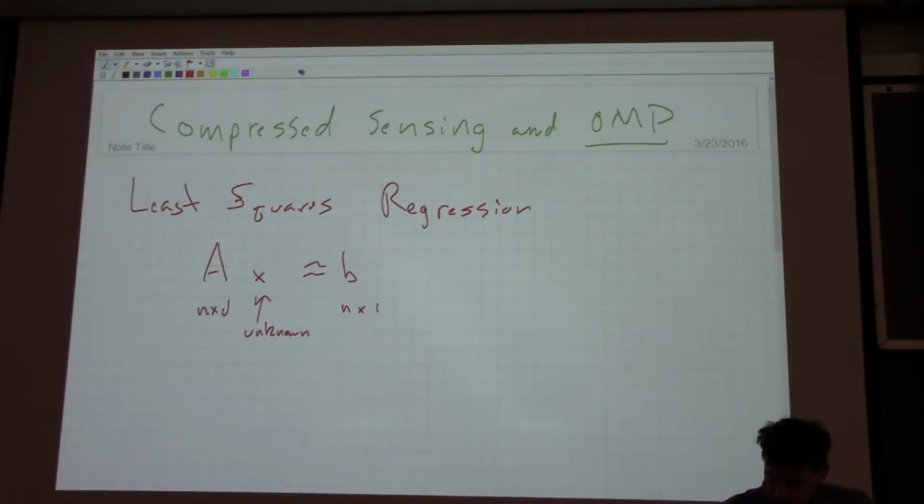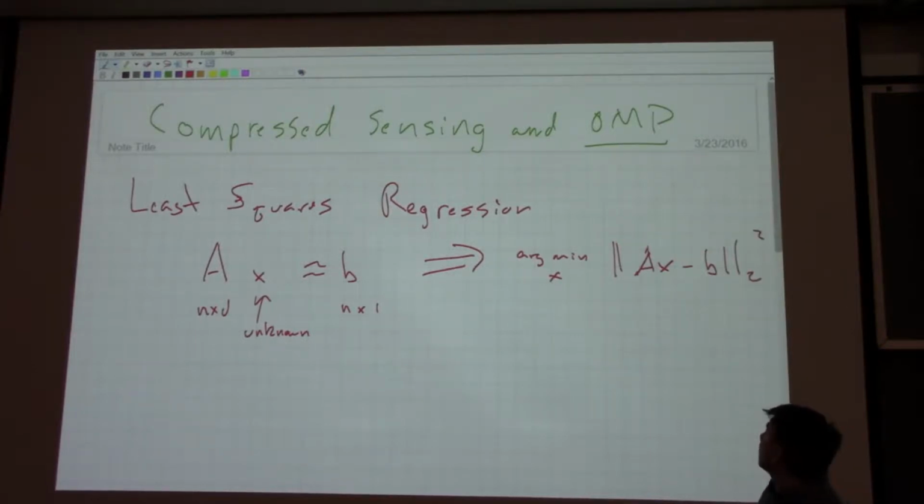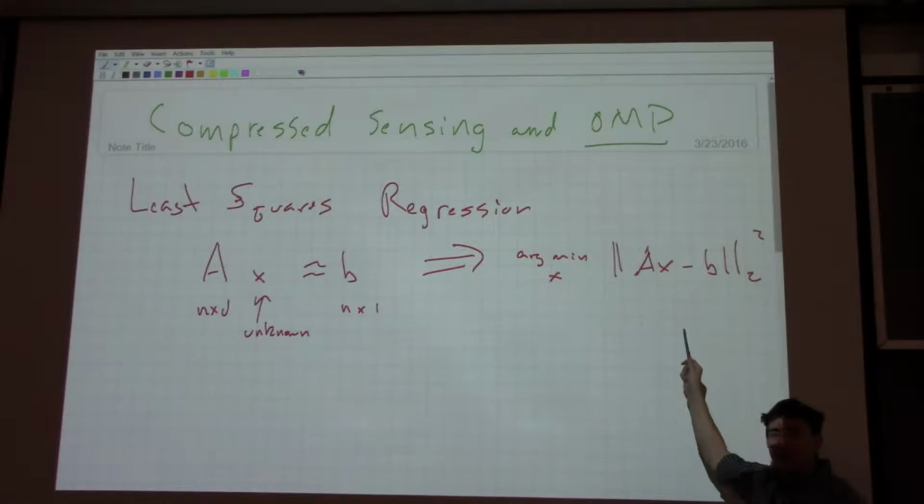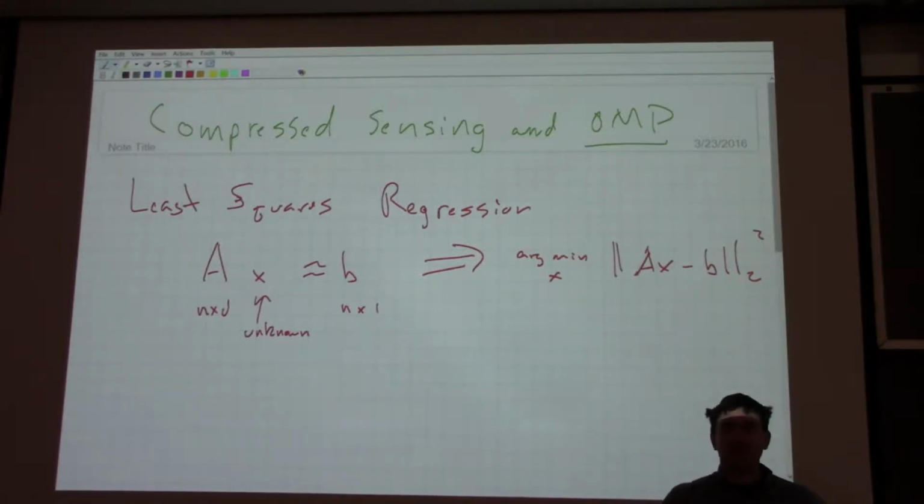And the matrix x is going to be d by 1. The least squares solution is the arg min over x of the norm of Ax minus b, squared. So you want to find the x so that you multiply x by A, and you get a vector that looks like b as close as possible, minimizing the sum of the squares of all of the differences.